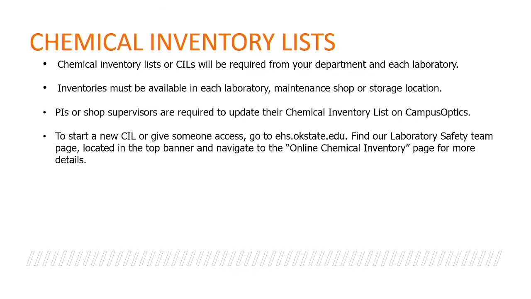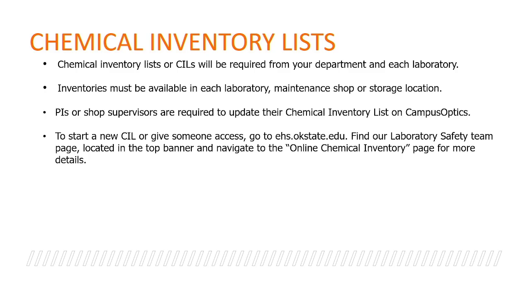The chemical inventory list, or CILs, are required from your department and also from each laboratory. The inventories must be available in each laboratory, whether it's in a shop type setting or a storage location. The PIs and shop supervisors are required to update the chemical inventory list on campus optics.